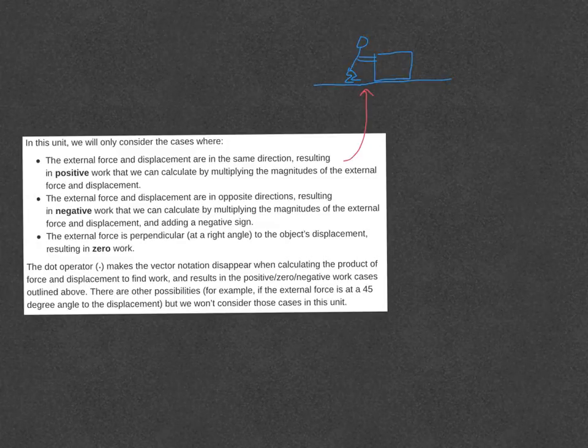So let's say we have a person pushing a box forward. The displacement is going to be in the forward direction, so that's my displacement. And my force is also going to be in the forward direction because the person is pushing forward. So this is positive work.